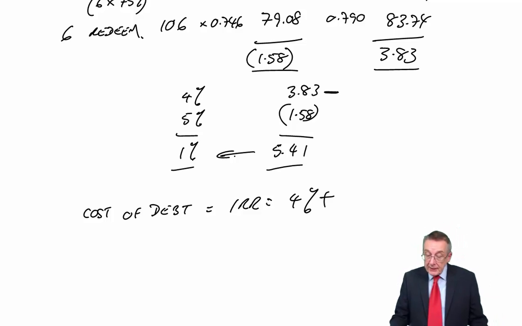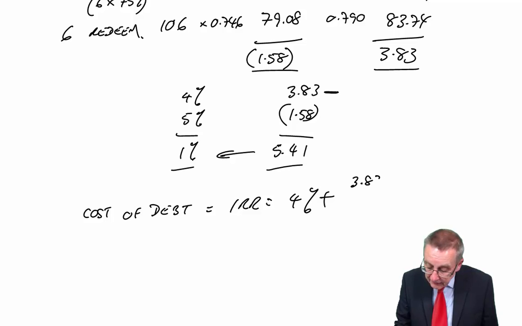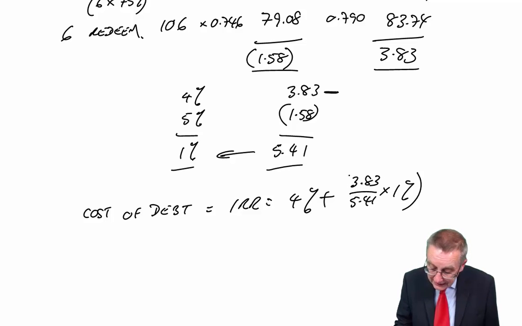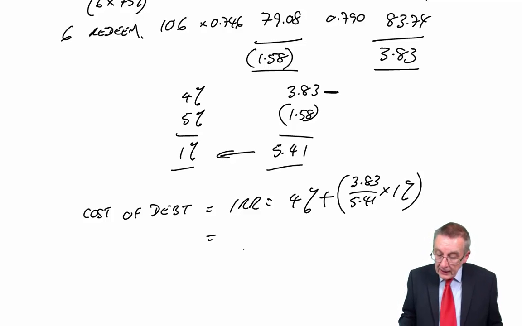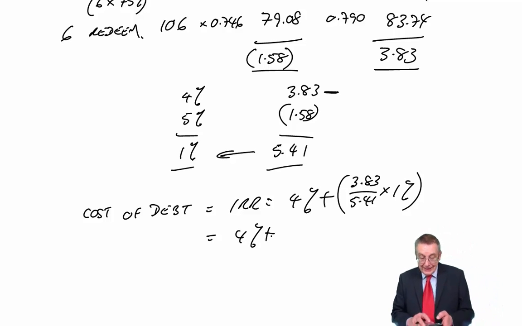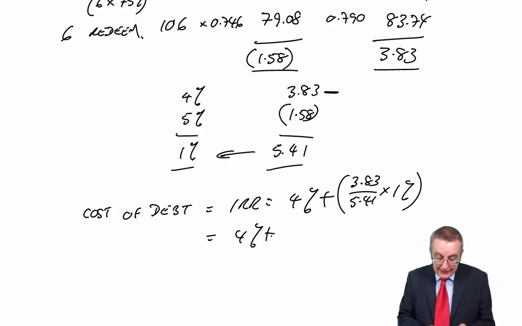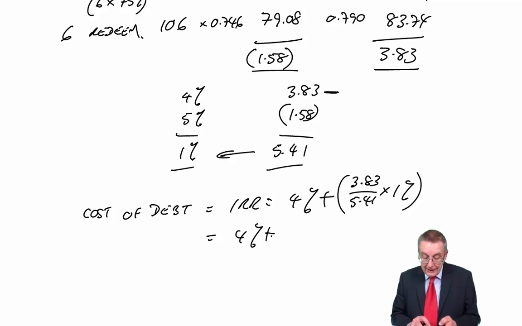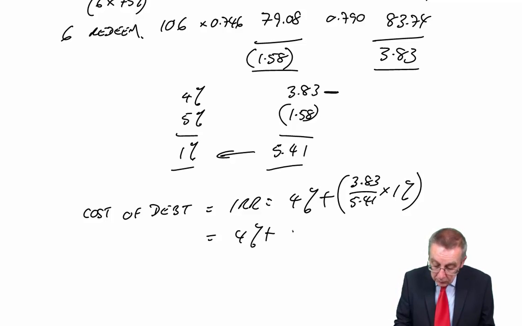So 3.83 is this fraction of 1%, which comes to 4% plus 0.71. It's 4.71%.